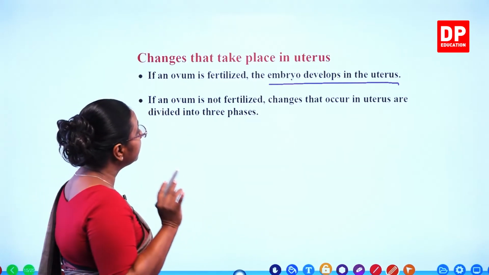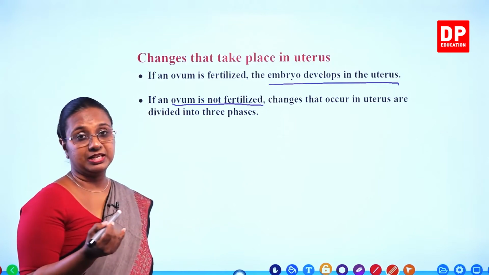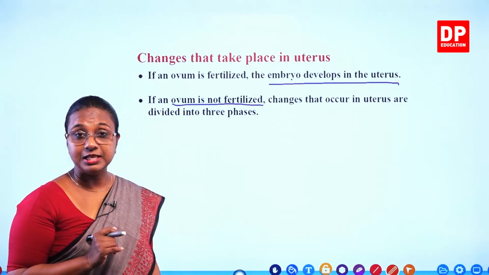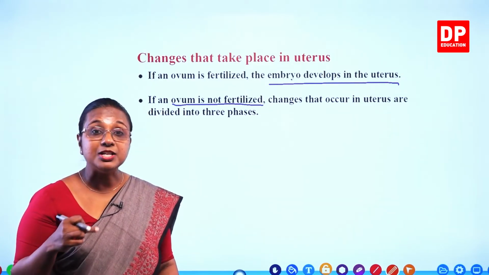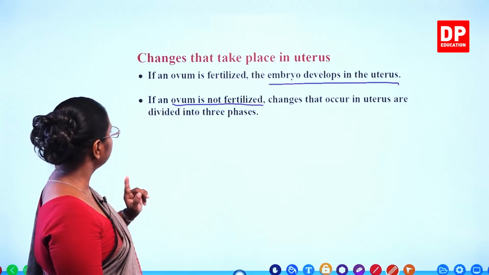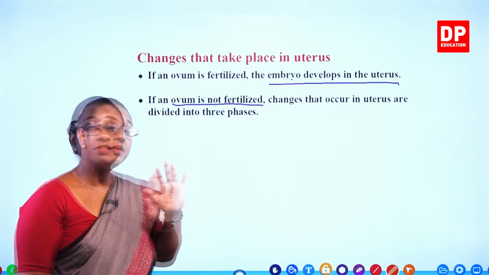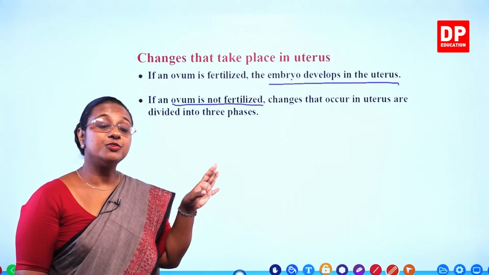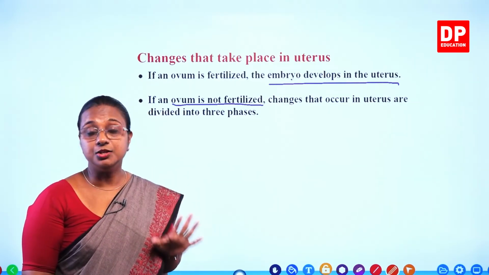If an ovum is not fertilized, that is another possibility. If the ovum gets fertilized, then the embryo will develop in the uterus. Only if it is not fertilized, the menstrual cycle will continue. If the ovum was fertilized by the sperm, it will become the embryo and the fetus will develop inside the uterus.